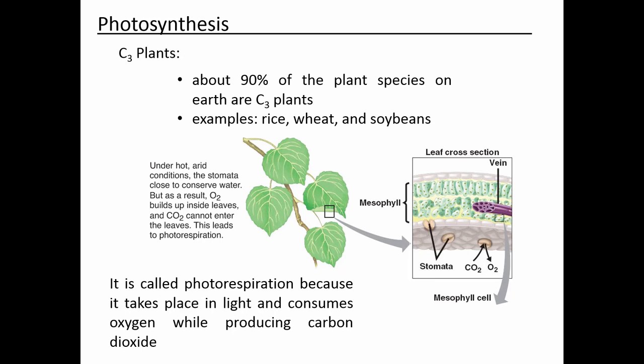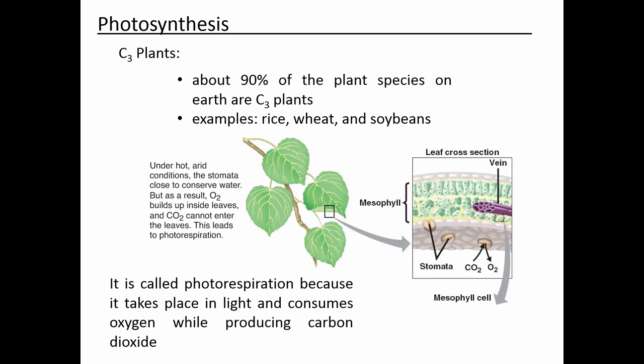Okay, so I told you that rubisco is the enzyme that catalyzes this reaction. What that means is rubisco's active site binds both carbon dioxide and ribulose bisphosphate. And it turns out that rubisco's active site can also, instead of binding carbon dioxide, bind oxygen.